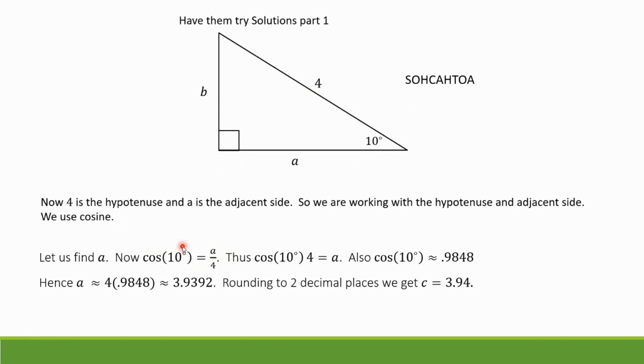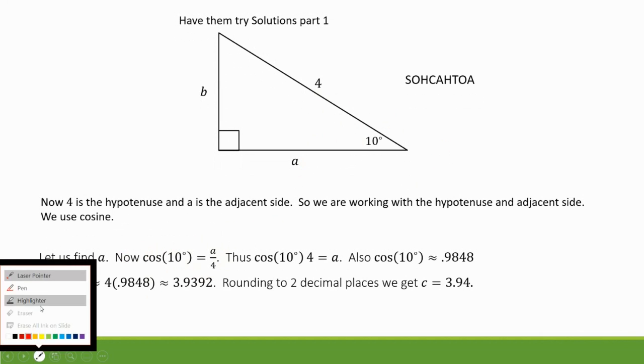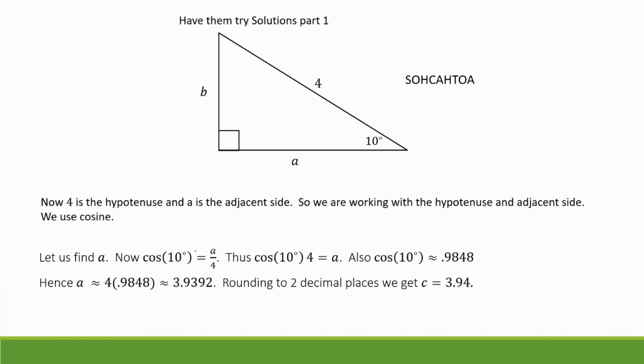Now, how do we get A from here? It's just like what we did before, right? You cross multiply. We're going to multiply both sides by our wonderful number 4. How does that help us?